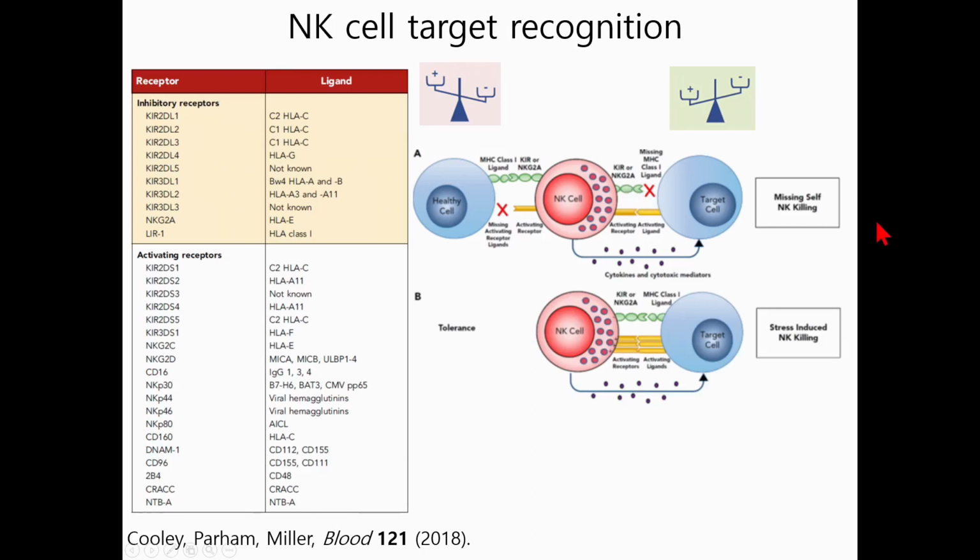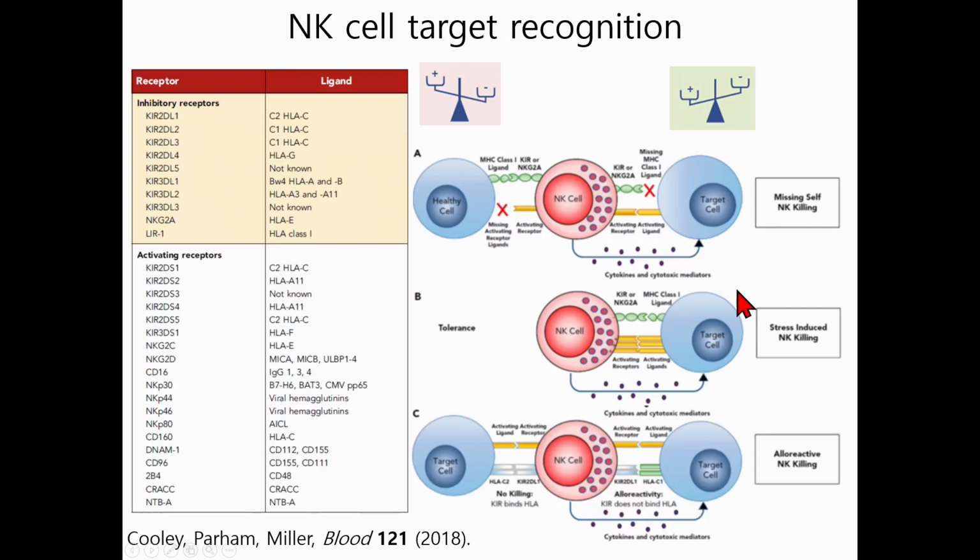Also, cancer cells or stressed cells express stress-induced ligands such as MICA that can be recognized by activating receptors such as NKG2D, so they can kill some abnormal cells. At the same time, this kind of HLA mismatching can be useful for allogeneic reaction. But how these signals are integrated is very complicated.